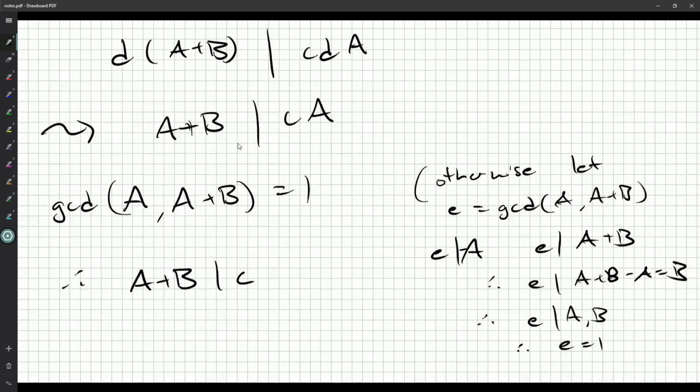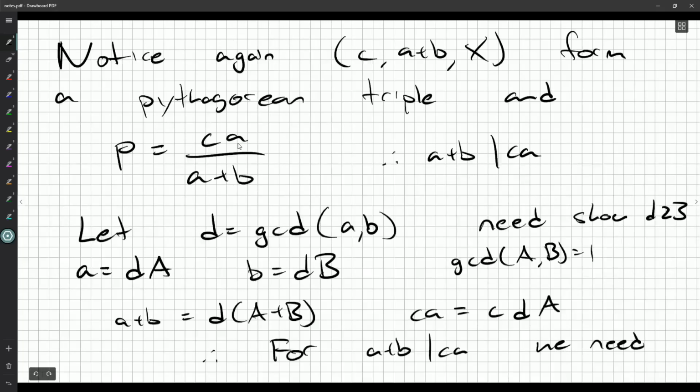Okay, so where can we go from there? Should we look back at the Pythagorean triples in some way? Well, yeah. So let C be capital A plus capital B times, what's a letter I haven't used yet? Have I used P?